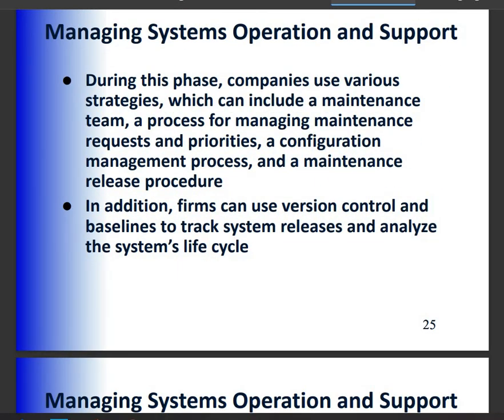Alright. And then, the next subtopic kita ada on the managing the system operation and support. During this phase, companies use various strategies which can include a maintenance team, a process for managing maintenance requests and priorities, a configuration management process, and a maintenance release procedures.